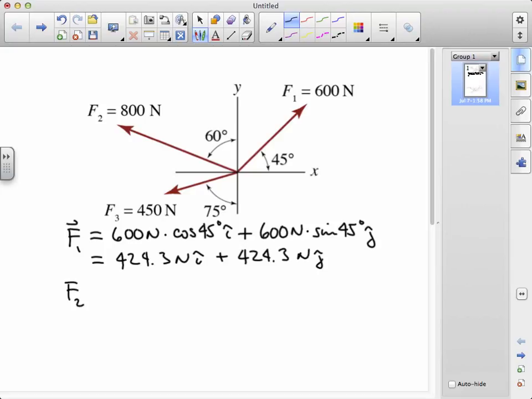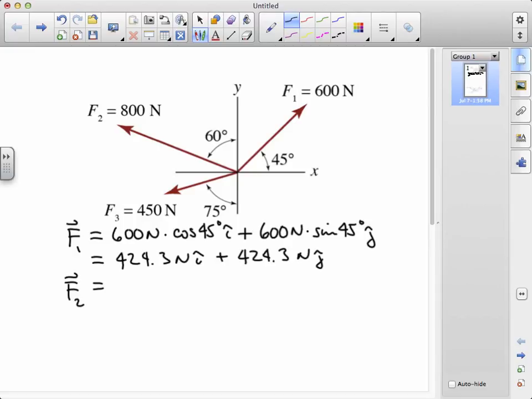For force F2, we have an angle defined off the vertical axis, so the sine of that angle will give us information about the x component, and the cosine of that angle will give us information about the y component.